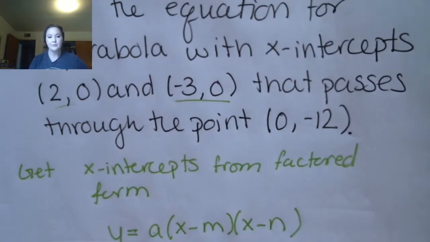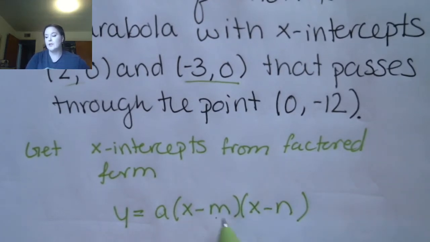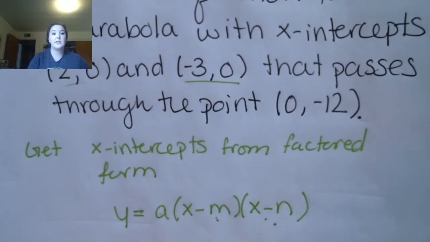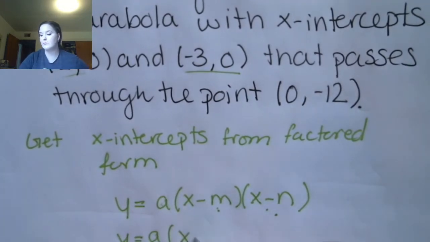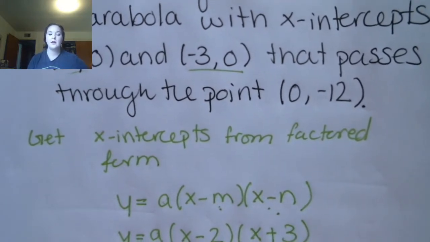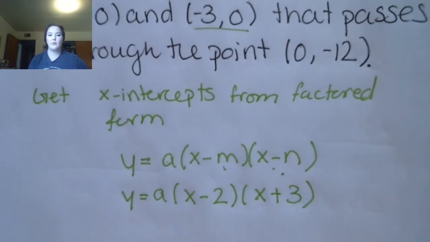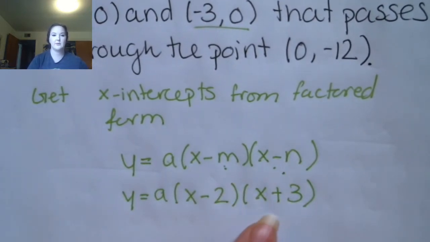And we know that the x-intercepts are what's in these factors. We've seen that a ton by finding the x-intercepts when we're graphing. So we're going to fill in the information that we get from our x-intercepts. So I'll have x minus 2 and x plus 3. Most of the form here is coming from the fact that we know the x-intercepts.